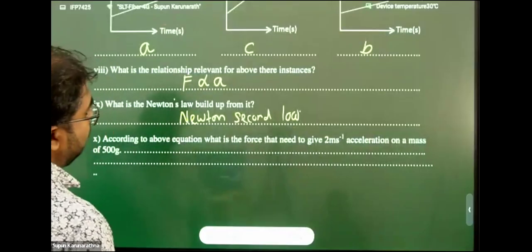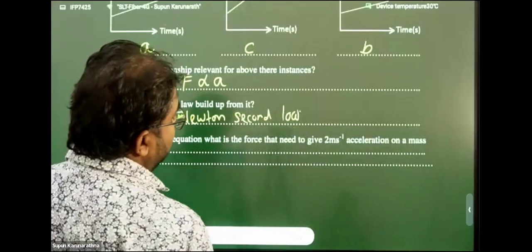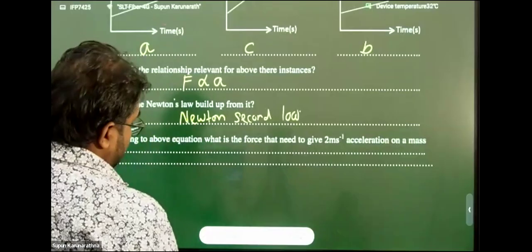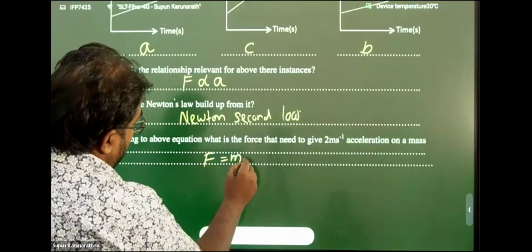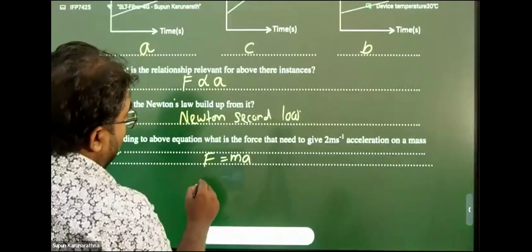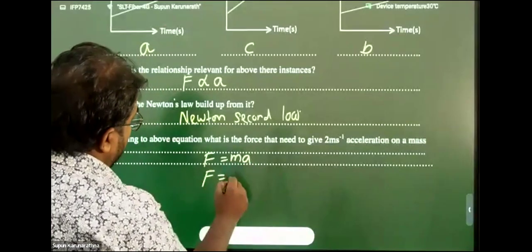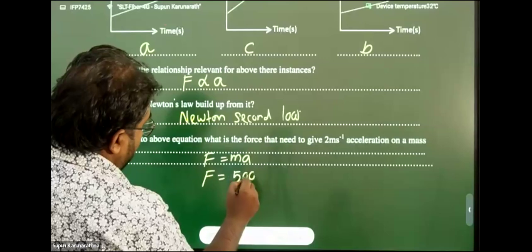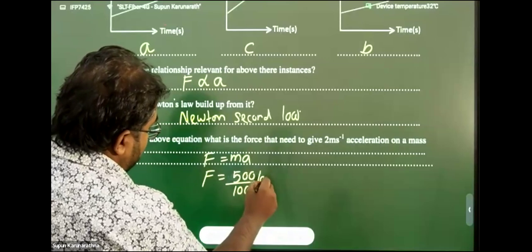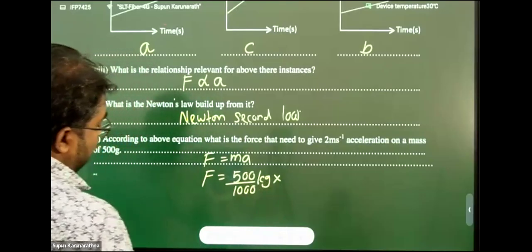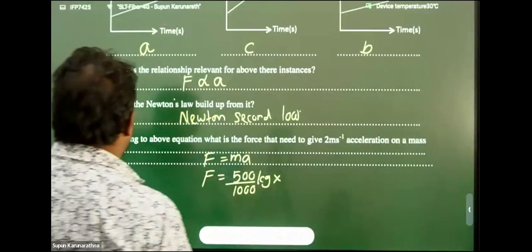According to the above equation, what is the force needed to give 2 ms minus 2 acceleration? The mass is 500 grams. Very easy. Put F equals ma. The mass is given as 500, and it is very important to convert to kilograms, because we want to apply the SI unit.